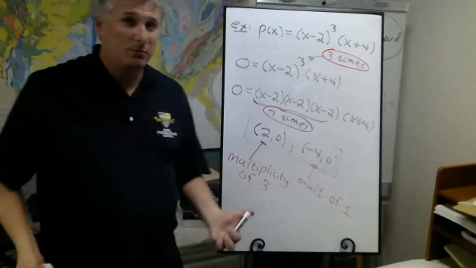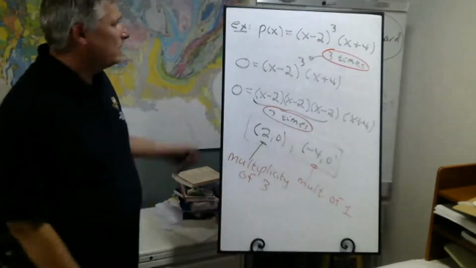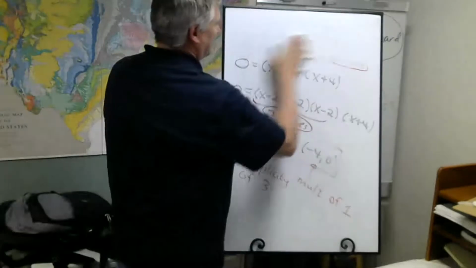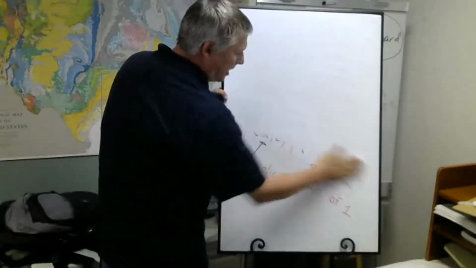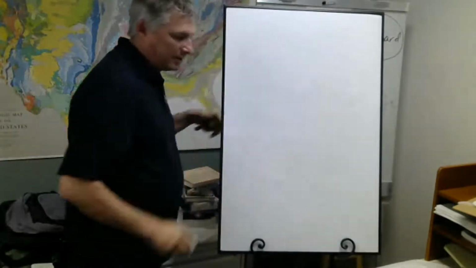So what's the big deal with multiplicities? Well, in polynomials, if you have an odd multiplicity, it means you do cross over the x-axis. You'll punch right over it at that x-intercept.